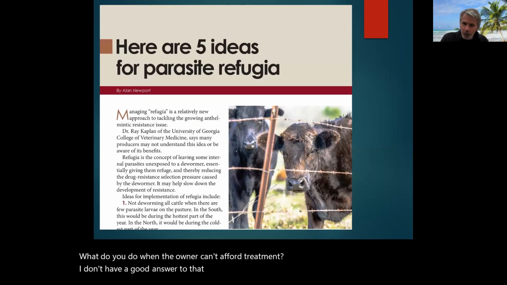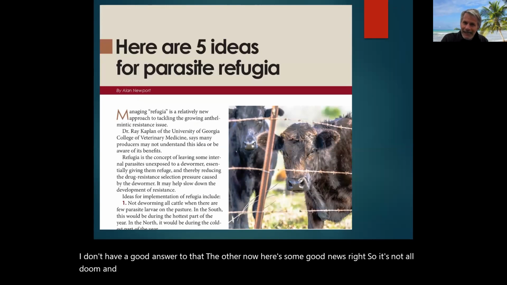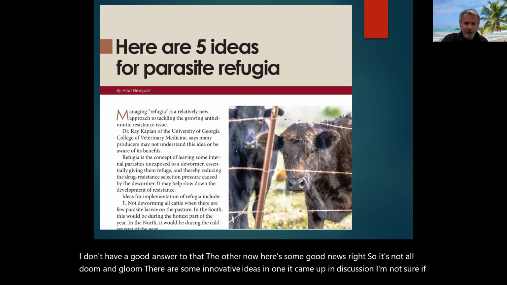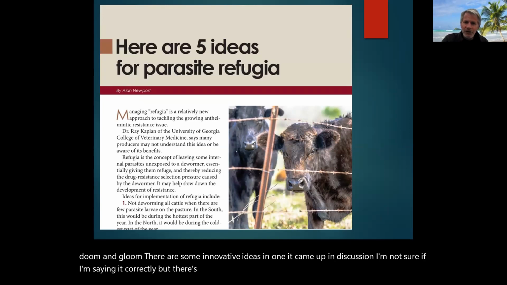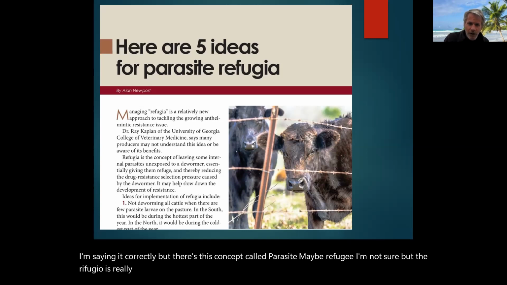Now here's some good news, right? So it's not all doom and gloom. There are some innovative ideas. And one, it came up in discussion. I'm not sure if I'm saying it correctly, but there's this concept called parasite, maybe refugia. I'm not sure, but the refugia is really the word refuge, or like a safe harbor or a safe place.